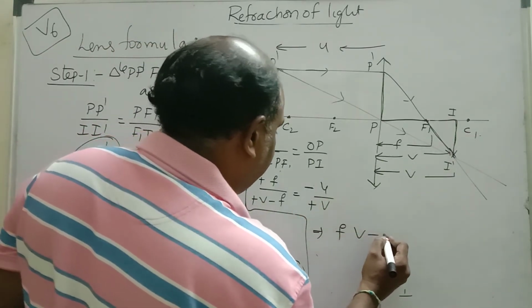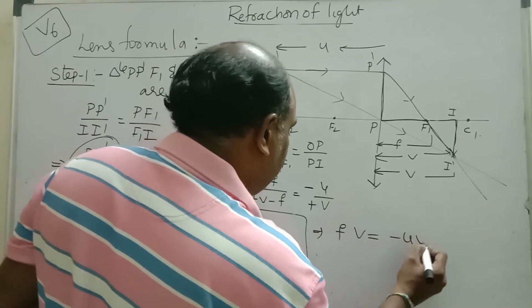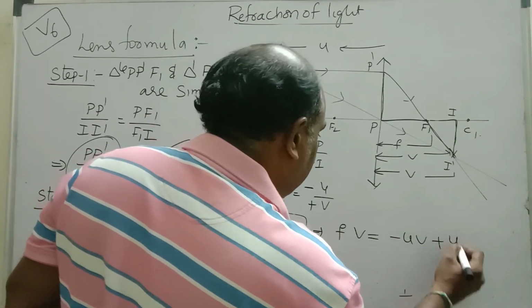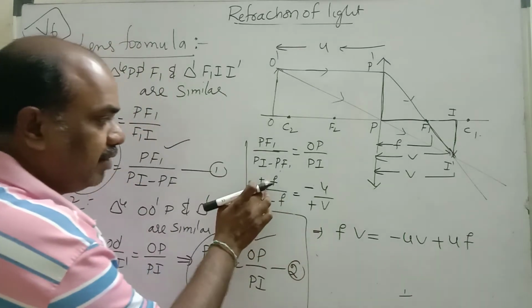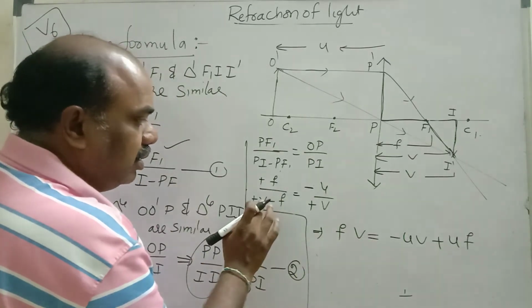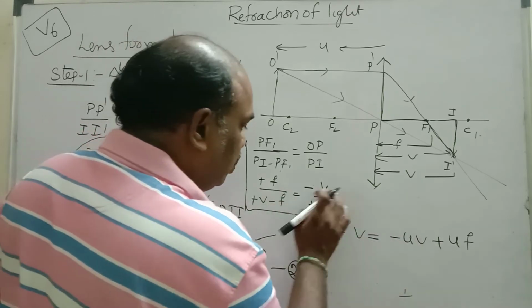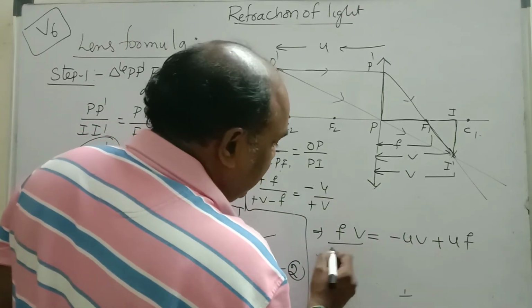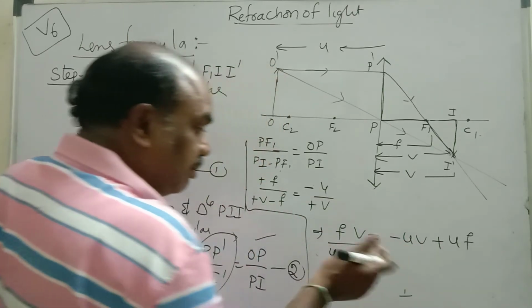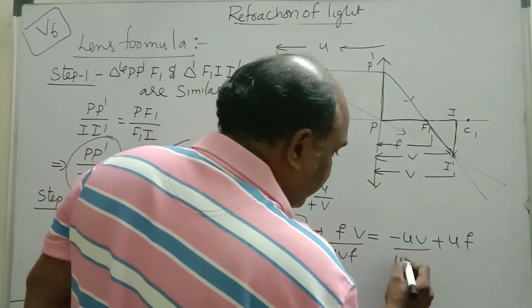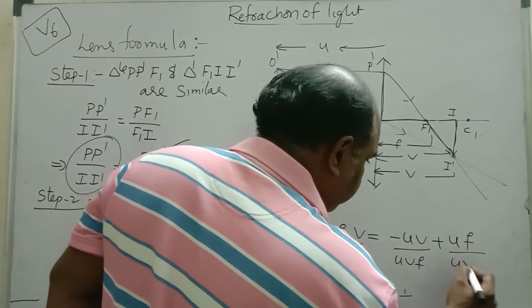FV minus FV is equal to minus UV, minus into minus plus UF. Total values I am simplifying by dividing with UVF.